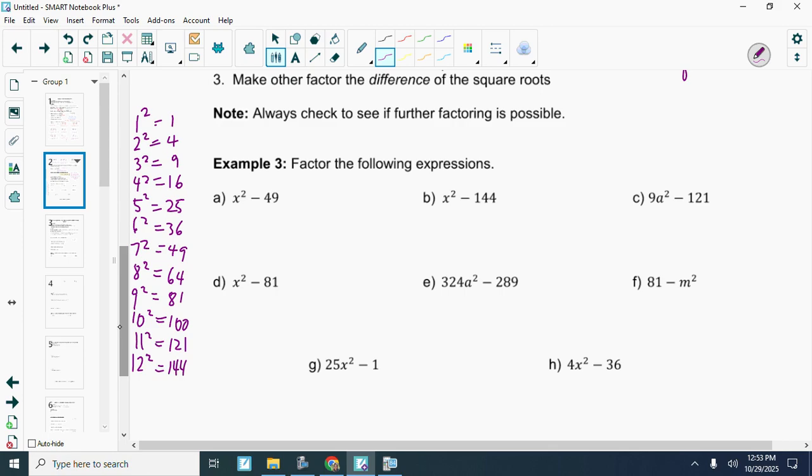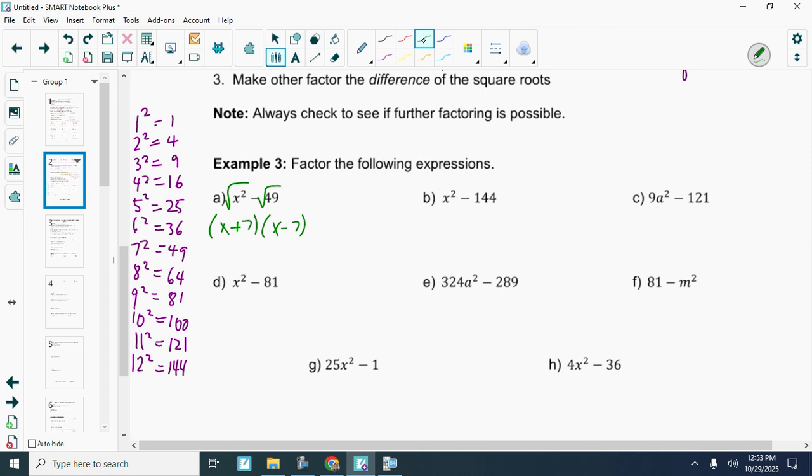Is 49 a perfect square? We look here and see it's on the list. Absolutely. So what you're going to do is take the square root of both terms. The square root of x squared is just x, and the square root of 49 is 7. So you're going to write x plus 7 and x minus 7.